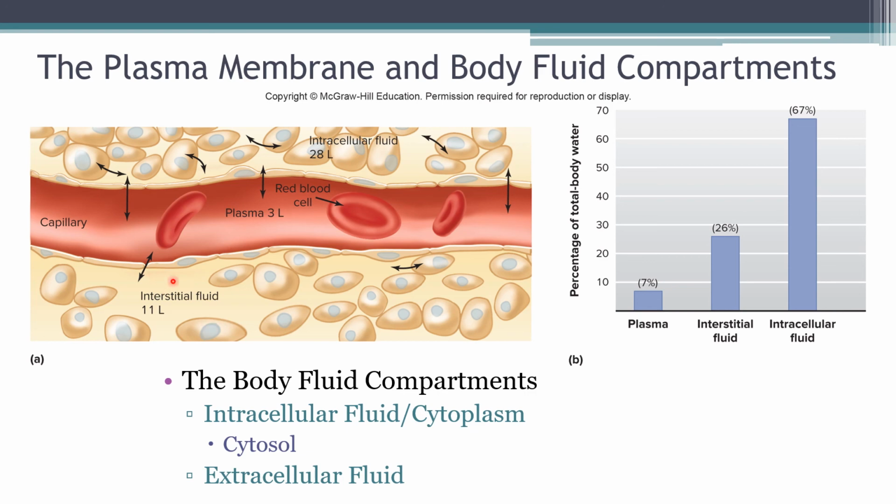We won't go into that here, but when you take physiology, you absolutely will. The differences between plasma and interstitial fluid are actually not very many. So these two fluids are really similar, but the extracellular fluid and the intracellular fluid are not really similar. Okay?